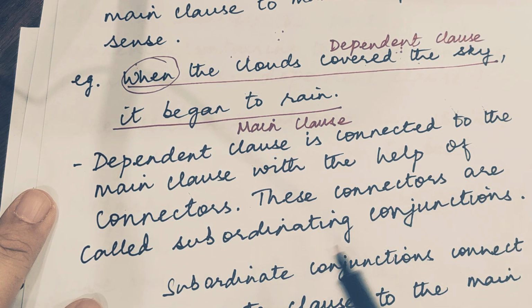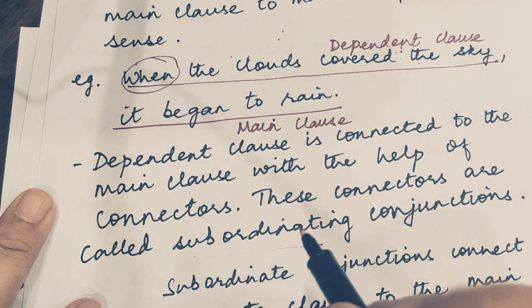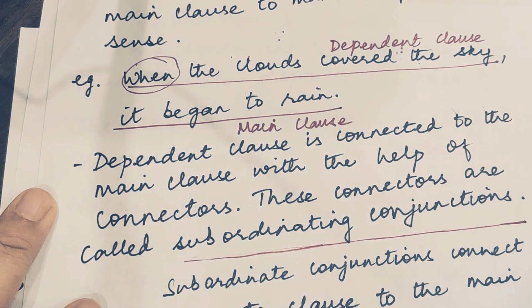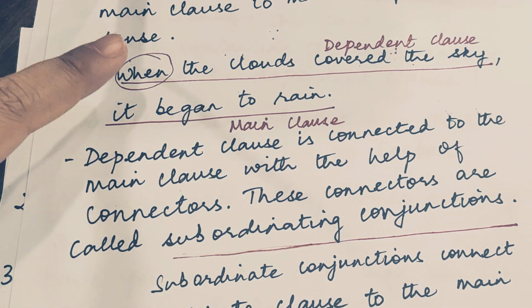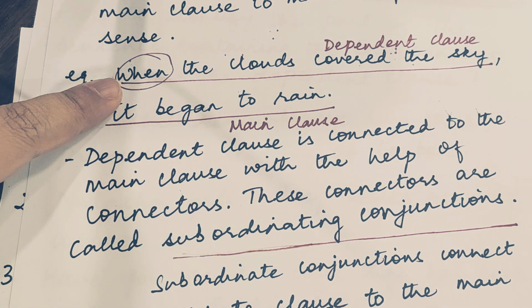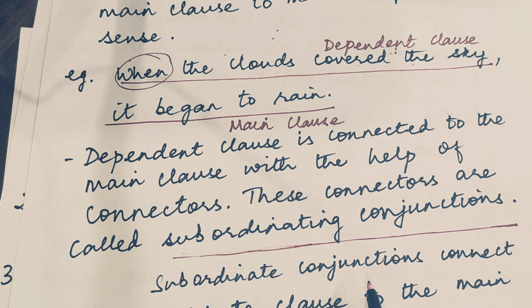These connectors are called subordinating conjunctions. So over here the subordinating conjunction is when. So subordinating conjunctions connect the subordinate clause to the main clause. And subordinating conjunctions are words like after, before, for, although, than, if, since, who, and the list goes on.